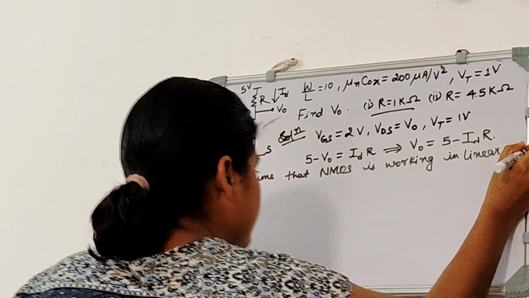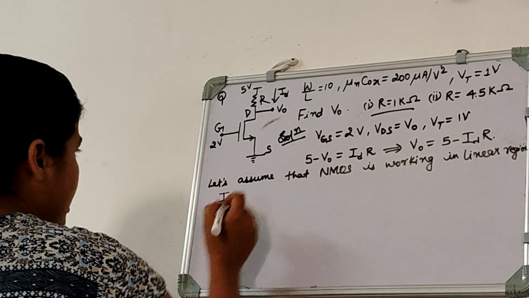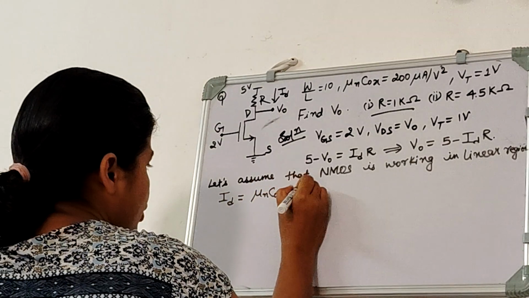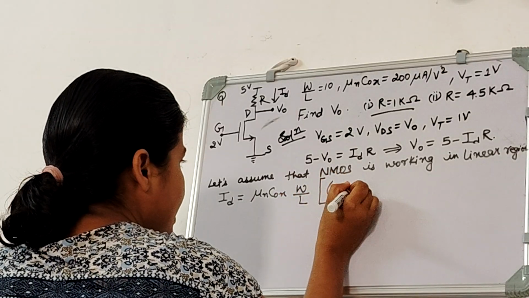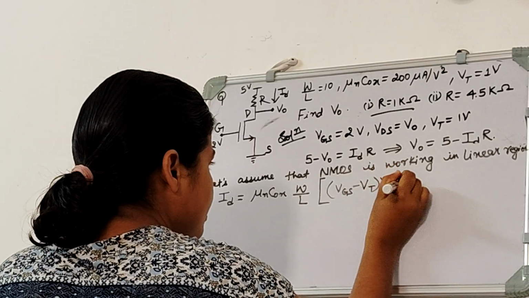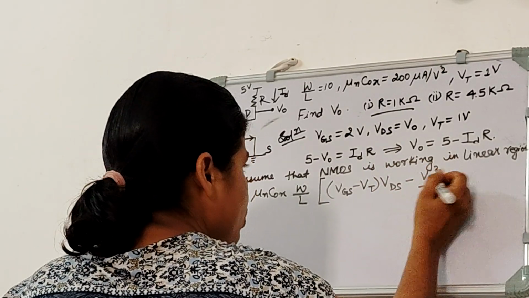And we will write the equation for drain current for linear region, and that is mu n COX W by L into (VGS minus VT) into VDS minus VDS square upon 2.